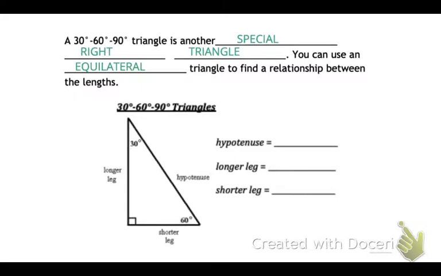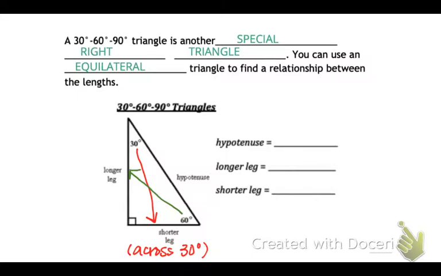We know which one is the shorter leg because it's always going to be across the triangle from the 30-degree angle. This goes into some more properties with geometry that we haven't studied here, but there is a relationship between the angle measure and the length of the leg in the triangle.